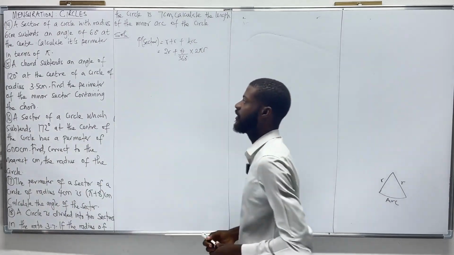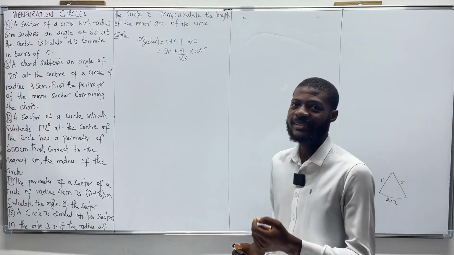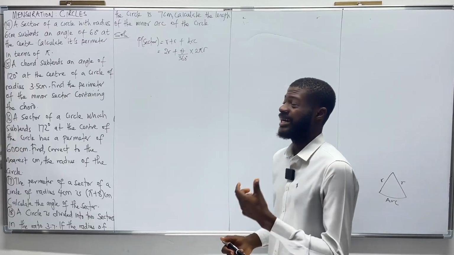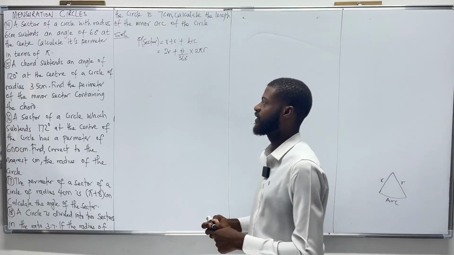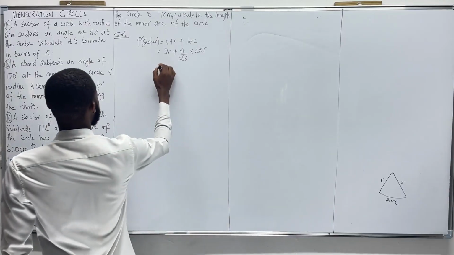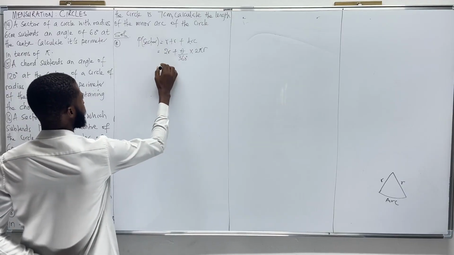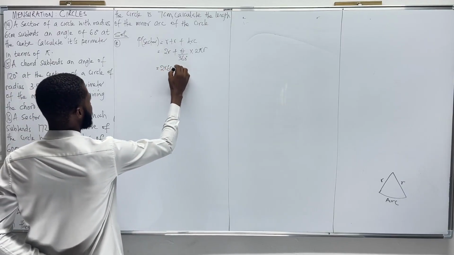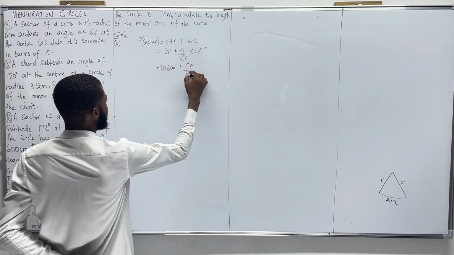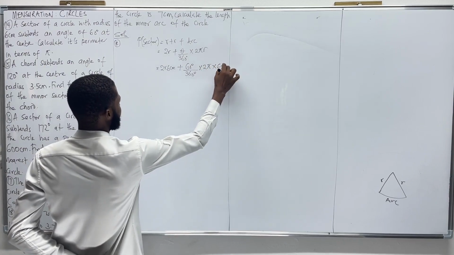So with this, let's start with the first one. A sector of a circle with radius 6 cm subtends an angle of 60 degrees at the center. What is its perimeter in terms of pi? Okay, so for that first one, this will be 2r, so that's 2 times 6 cm, then plus theta is 60 degrees divided by 360 degrees times 2 pi times 6 cm.